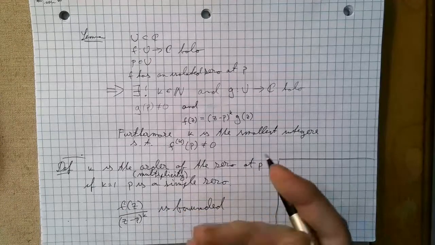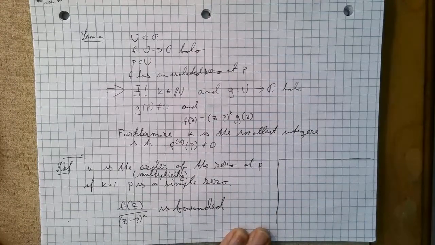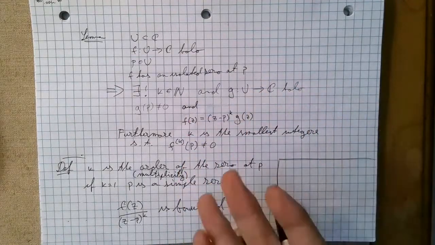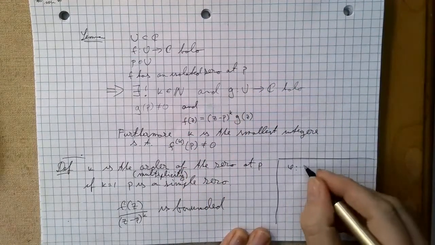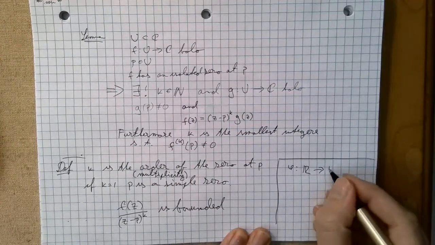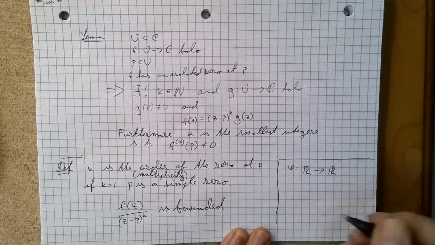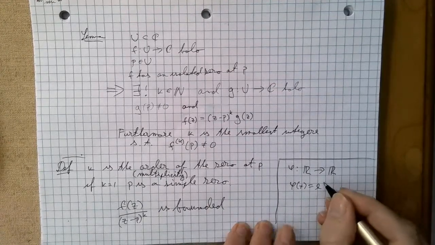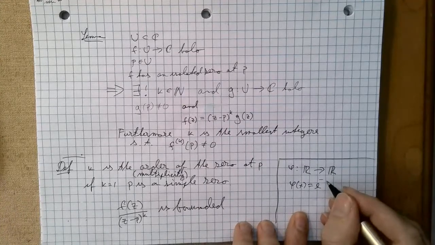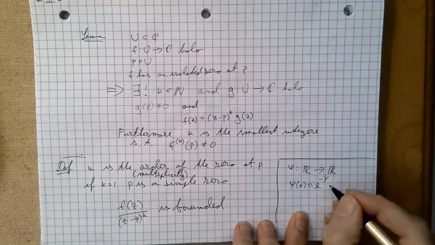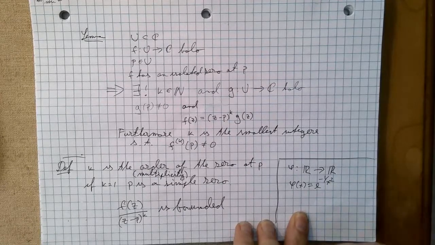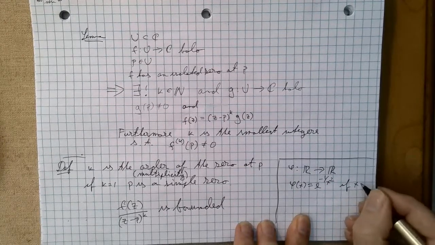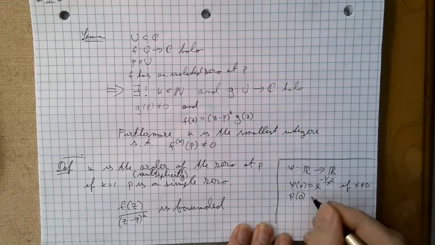Let me call the function phi, a real function from R to R. And if we let phi of x be e to the minus 1 over x squared, so I don't have to worry which side I'm coming in, this is if x is not 0, and I'll just define phi of 0 to be 0.